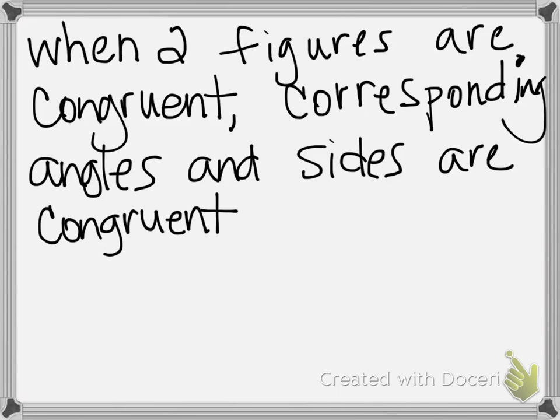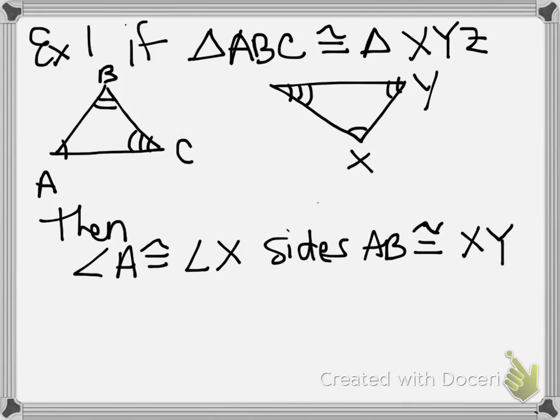When two figures are congruent, their corresponding angles and sides are congruent. Here's example 1. Here's triangle ABC over on the left, and you have triangle XYZ. Angle A, the first one that we wrote, should be congruent with angle X, and they are.